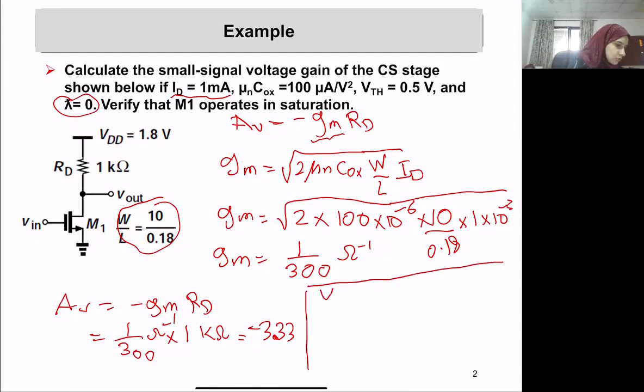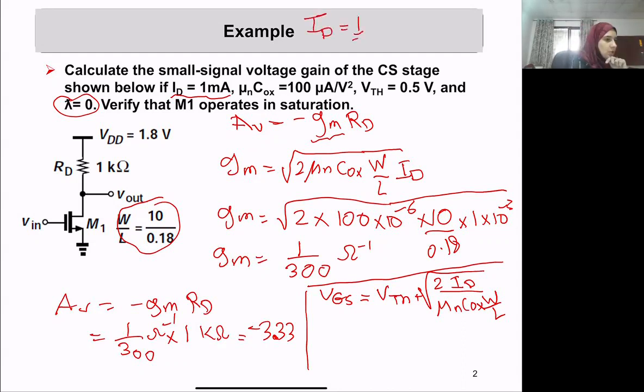So VGS is basically equal to V threshold plus square root of 2 ID over mu n COX W over L. If you remember the ID equation, ID in the saturation region equals half mu n COX W over L times VGS minus V threshold, squared.